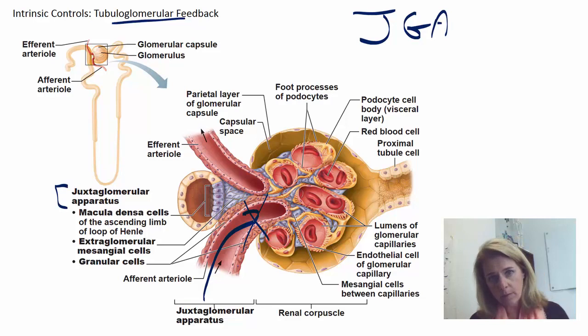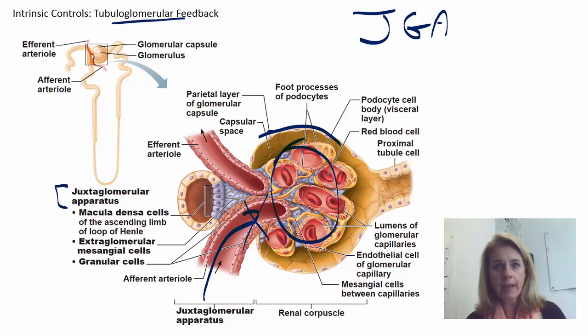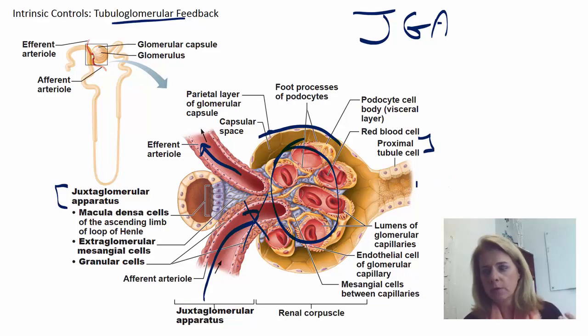So if you remember back to when I was talking about the overall anatomy of the kidney, here's your glomerular capsule, here's your glomerular capillary, your glomerulus. You have your afferent arteriole, your efferent arteriole where blood is going out. This is going to be the proximal convoluted tubule, and if you remember, the proximal convoluted tubule does that wavy stuff.